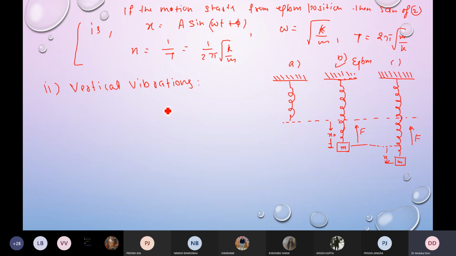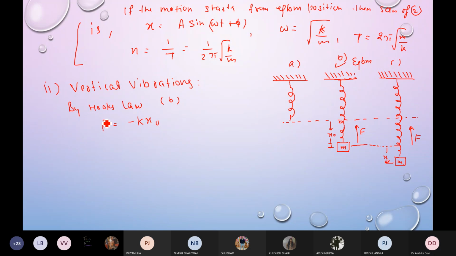Okay, so by Hooke's law, you can say that F is equal to minus k x naught for the system B, where k is the force constant of the spring.